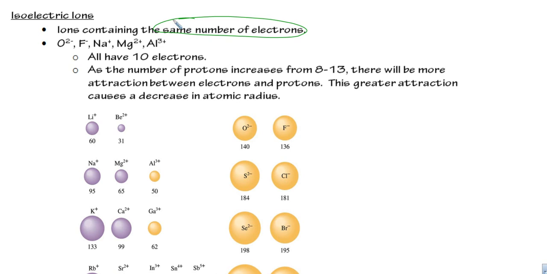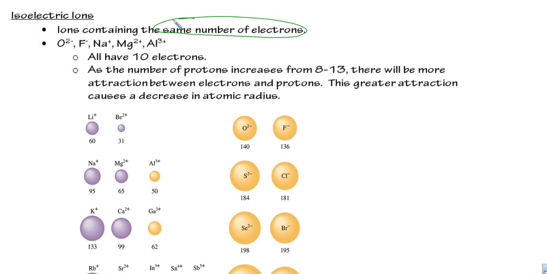So for example, here's a real common group. Oxygen is element number 8. It normally has 8 electrons, but the oxygen -2 ion means we're going to gain 2 for a total of 10. Fluorine normally has 9, but the fluorine -1 ion gains 1 for 10. And so on.